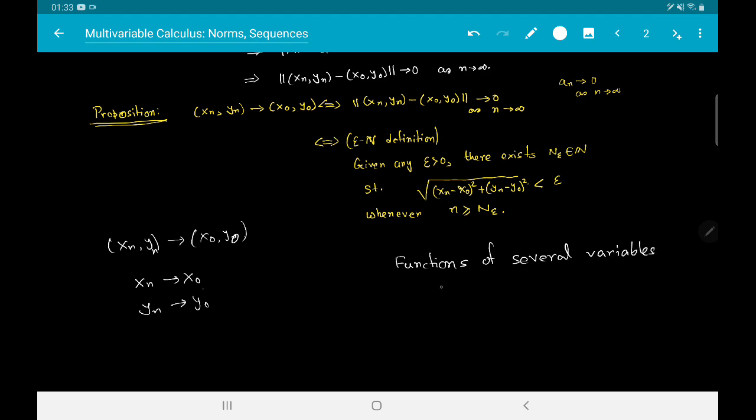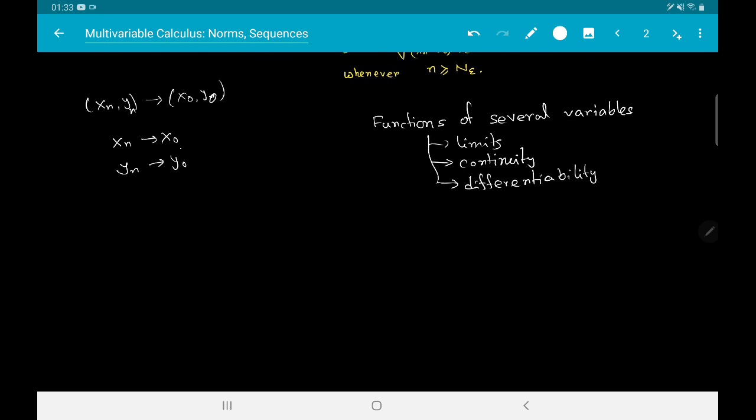We will look at their limits, continuity, and differentiability. Whatever you have studied in your single variable calculus, we will come to the analogous forms in terms of functions of several variables.